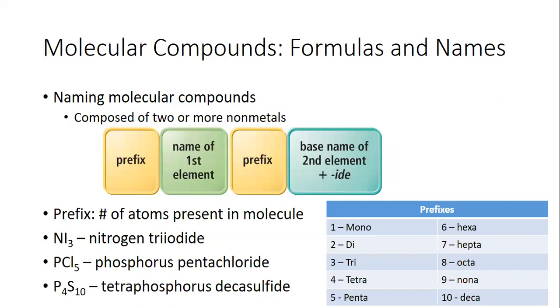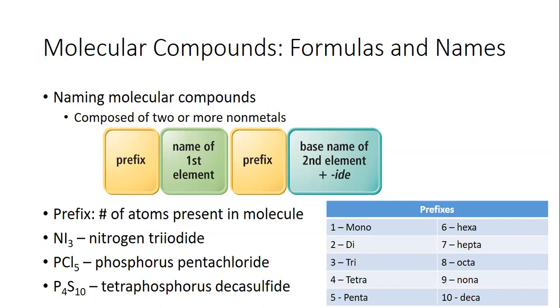Next are our molecular compounds. Remember, a molecular compound is nonmetals only. And this is relatively easy since we just did the prefixes for water. It's prefix, first element, prefix, second element, and to the second element you add "ide."